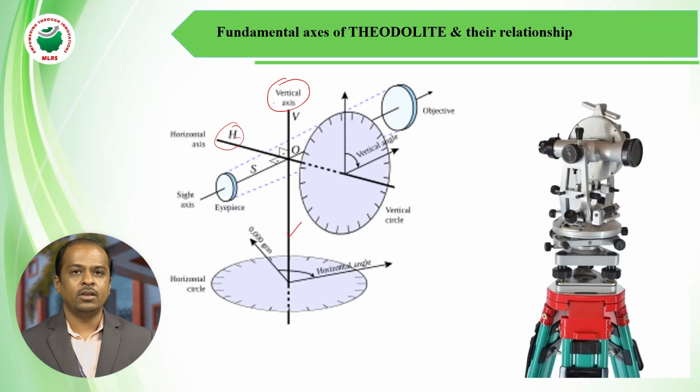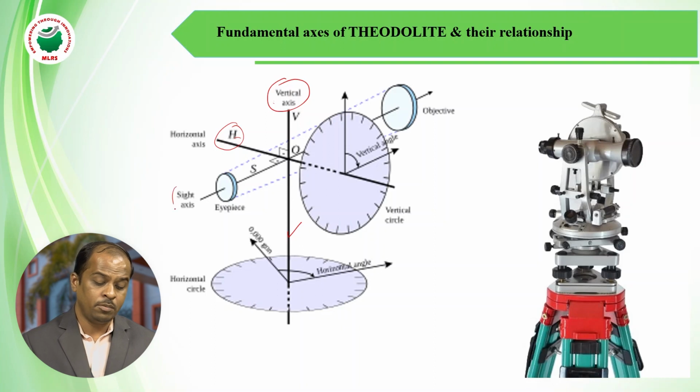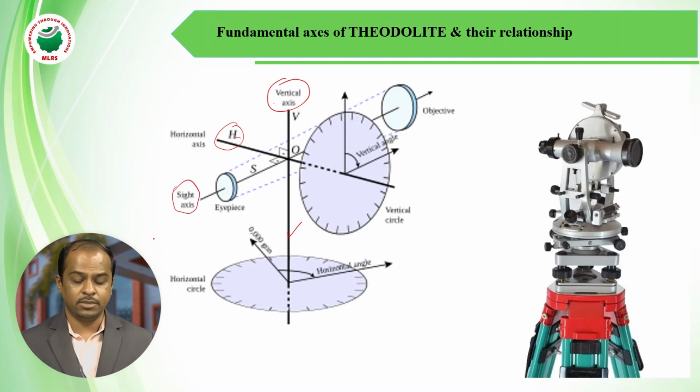That means the horizontal axis makes 90 degrees with the vertical axis. And next one is line of collimation or line of sight. The line of collimation or line of sight must be perpendicular to the horizontal axis as well as perpendicular to the vertical axis. These three are the main fundamental lines: vertical axis, horizontal axis, and line of sight.